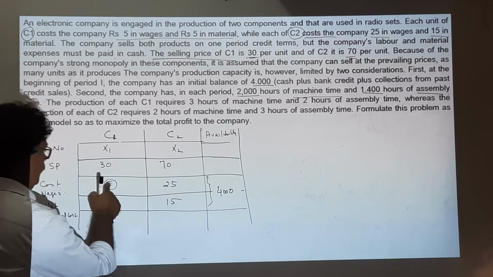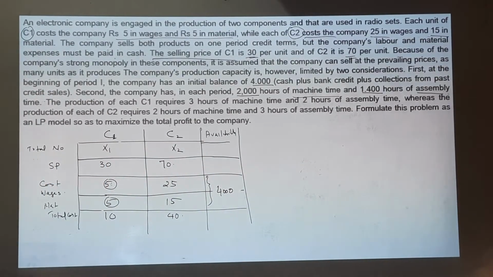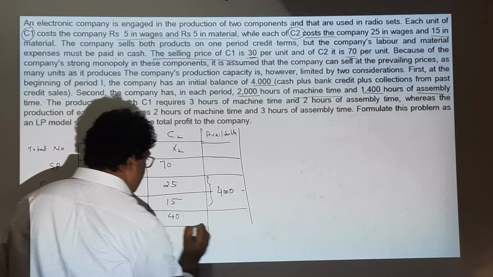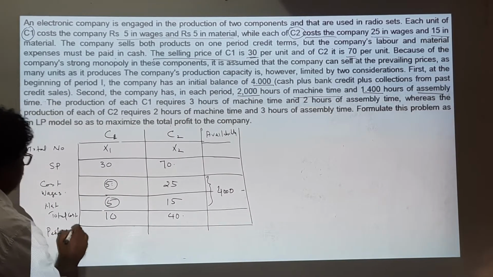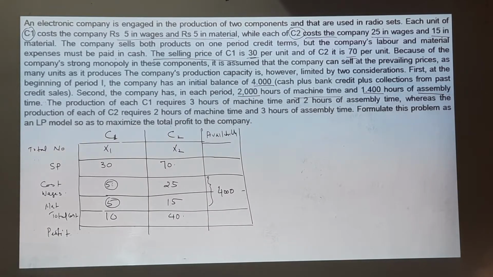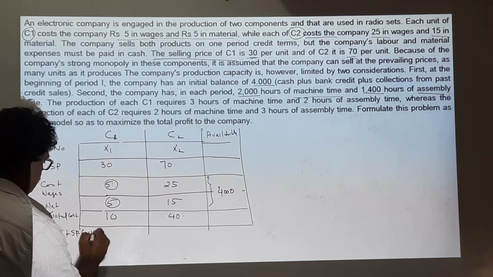Here 10, 5 plus 5, and here it is 40. Agree with me? Now what is the profit? Profit can be calculated, right? How do you calculate the profit? Selling price minus cost. Correct, no? Selling price minus cost.